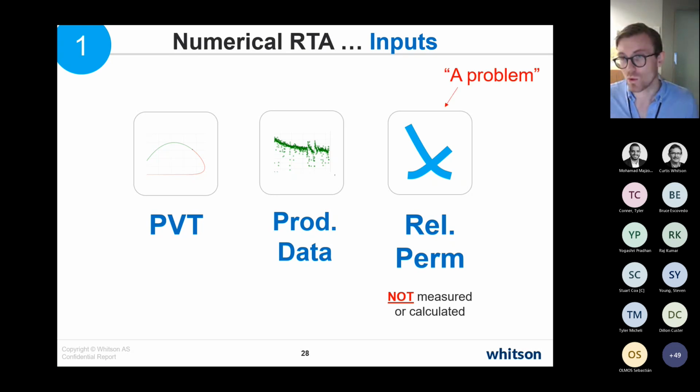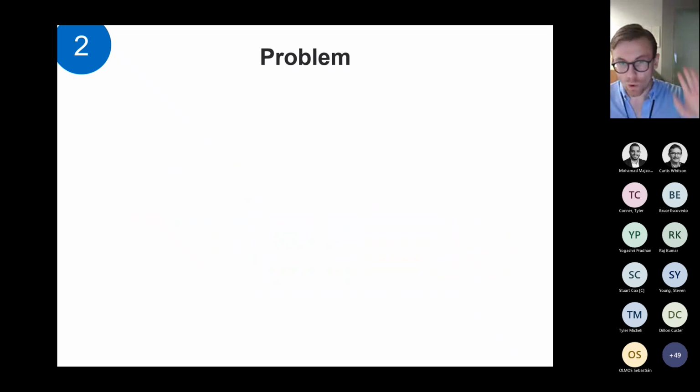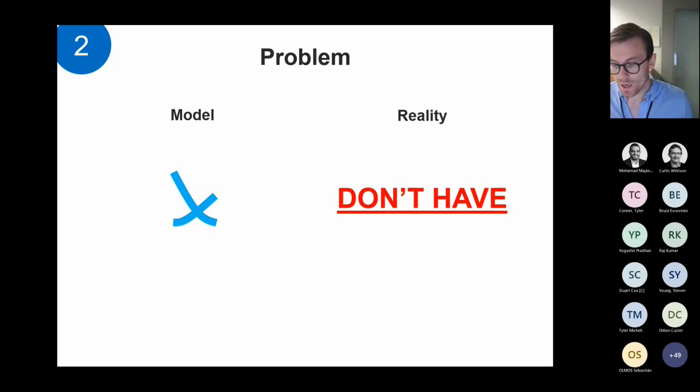That problem was what the folks at Coursera tried to address with the multi-phase flow material balance technique, and that's the second method that is very new and exciting. The problem there was simple. All multi-phase flow techniques require rel perms as an input, but in reality, we don't have them.